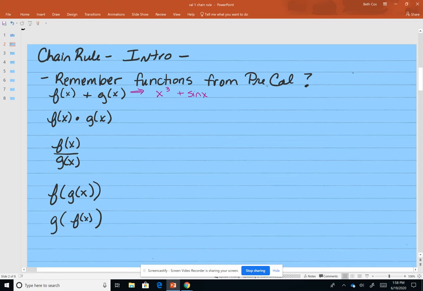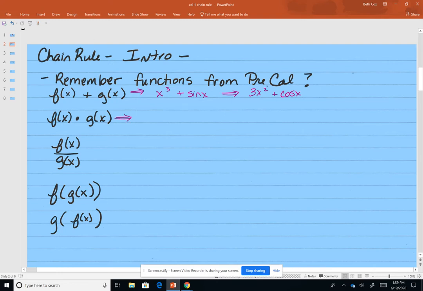If I want to take the derivative of this, I just take the derivative of x to the third, which is 3x squared, and the derivative of sine x, which is cosine x. We have a rule for this already, called the sum rule, where you just take the derivative of all the little parts added together.